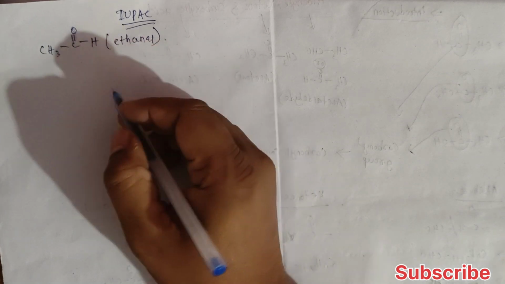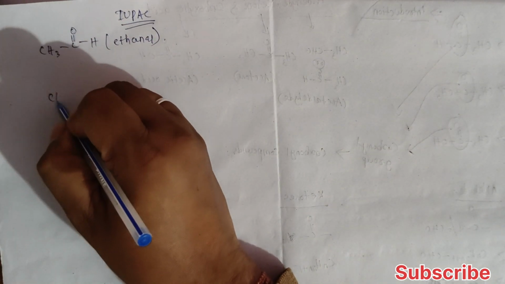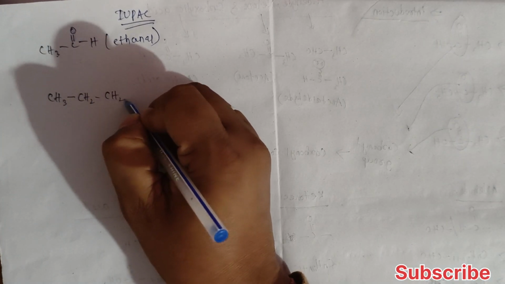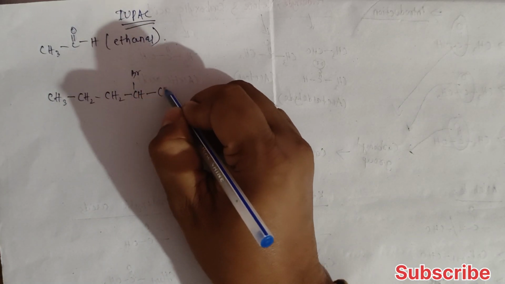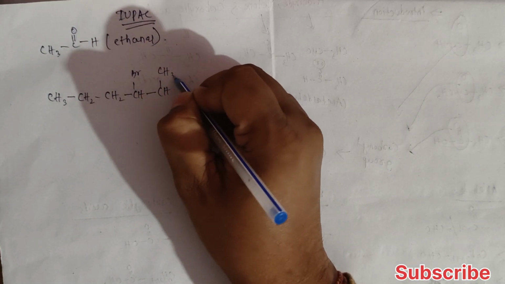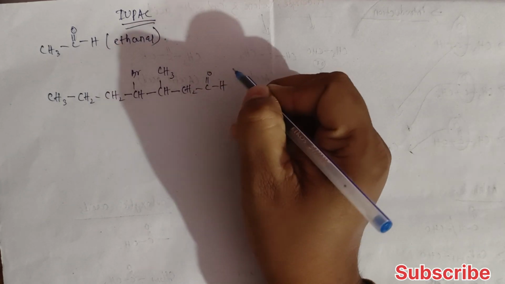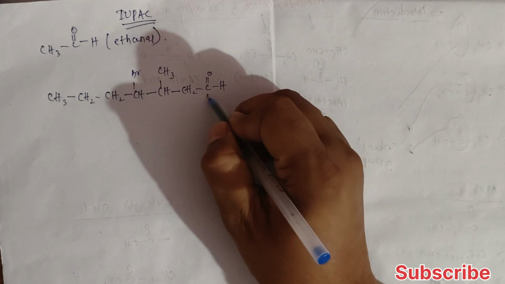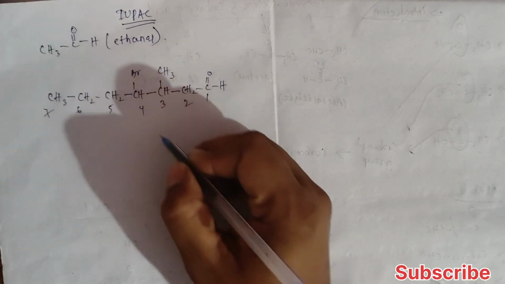Okay, now let me write some complicated names. Let me write here a formula CH3, then CH2, then again CH2, then CH, a Br atom is attached, then CH3, then this is CH2, then again C double bond O H. Okay, so how can I write its IUPAC name? 1, 2, 3, 4, then 5, then 6, then 7.